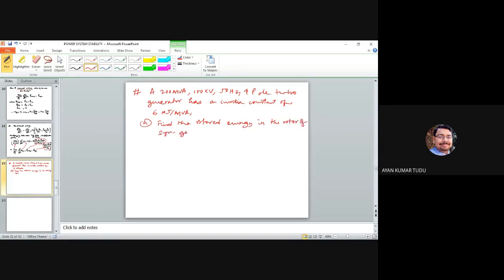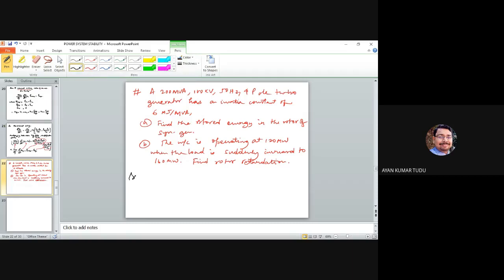And the machine is operating at 120 megawatt when the load is suddenly increased to 160 megawatt. So find the rotor retardation.